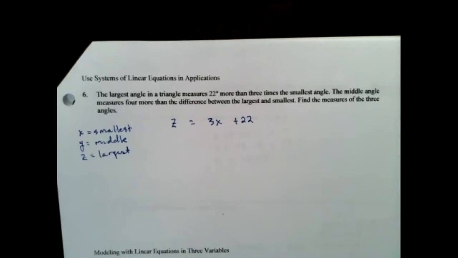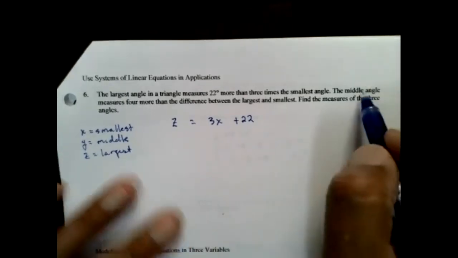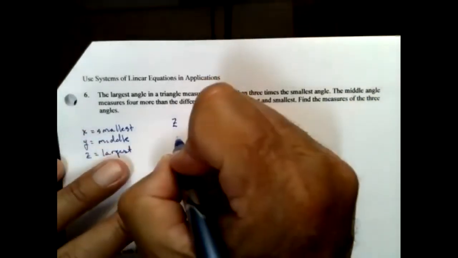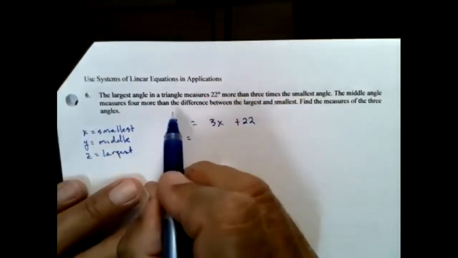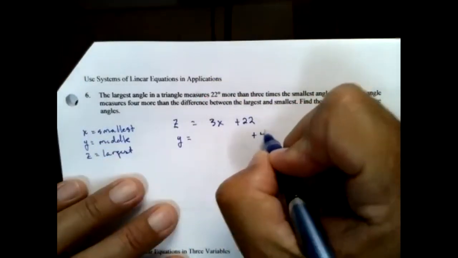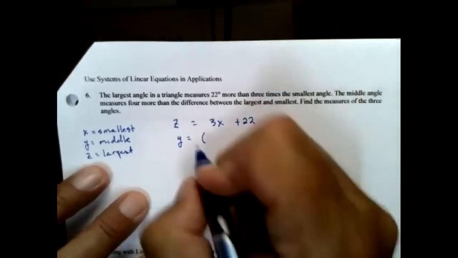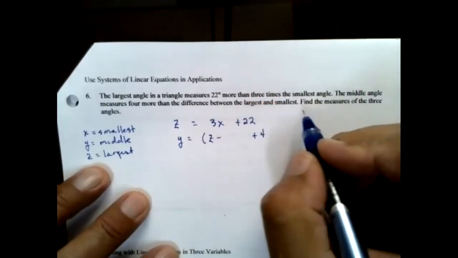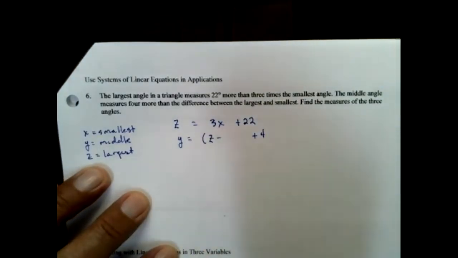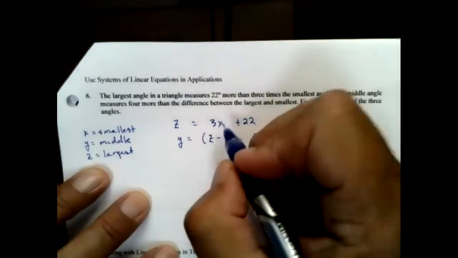We're good? The middle angle measures, that's y, 4 more than the difference between the largest, which is z, and the smallest, which is x.